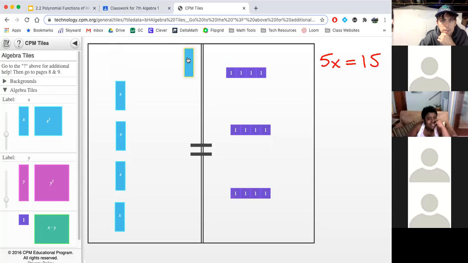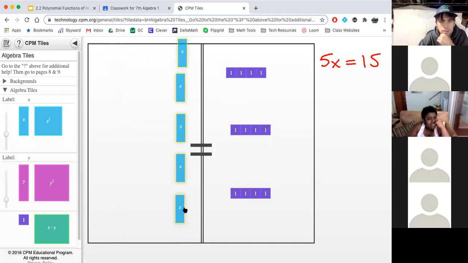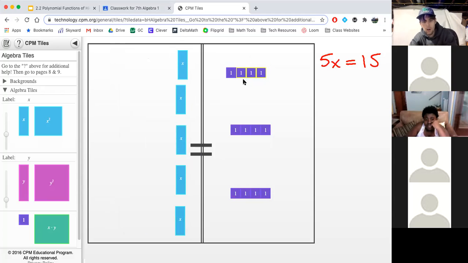I'm going to move these over closer to the side. This is a little easier to do. So right now I have 12, so I need 3 more. So that's 15, right? I have 4, 8, 12, 13, 14, 15. All right, so here's my equation.